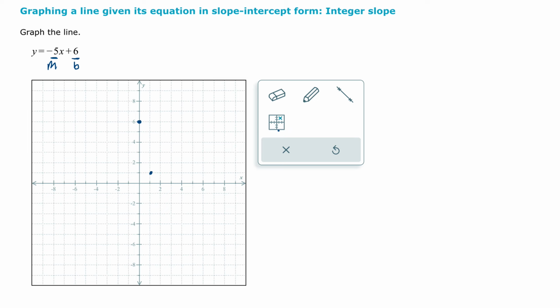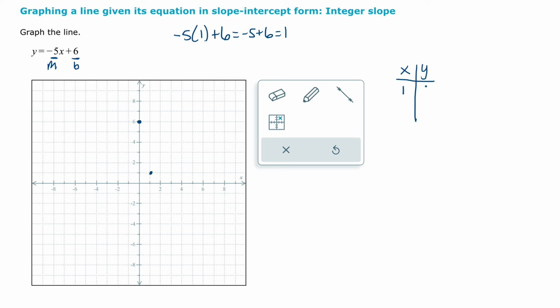So another way that I could go about this is I could make an XY table. So I could choose numbers for x, plug them into the equation, and figure out what y would be. So for example, if I take 1 and plug that in for x, that's going to give me negative 5 times 1 plus 6, which is negative 5 plus 6, which is 1.